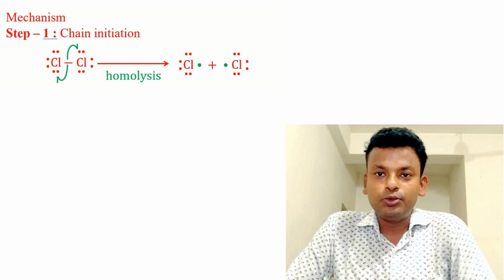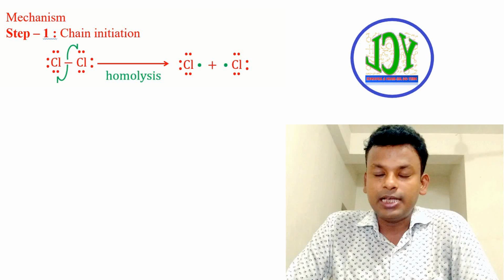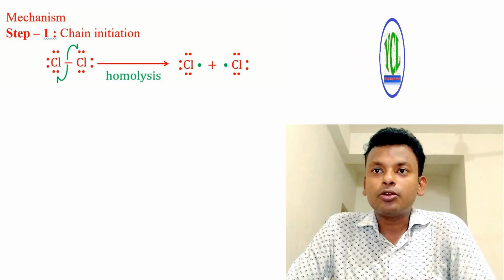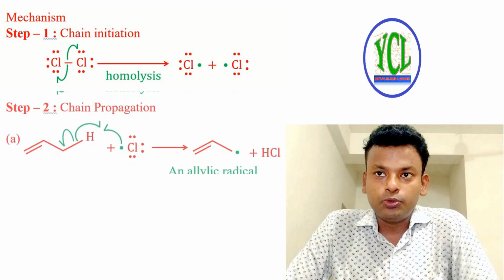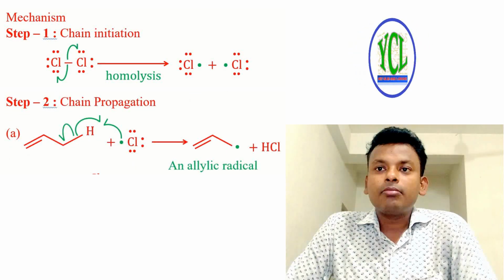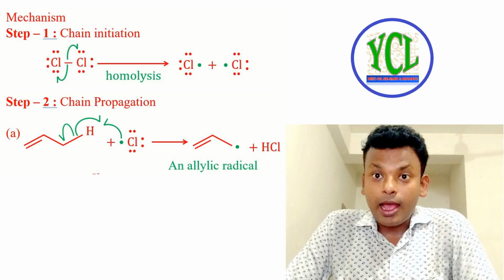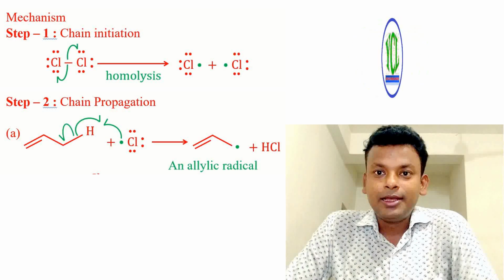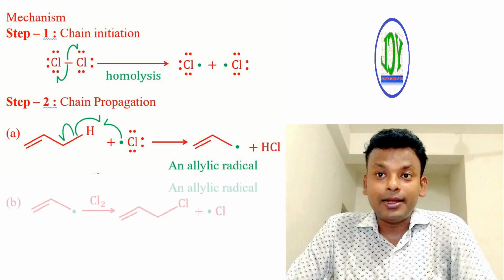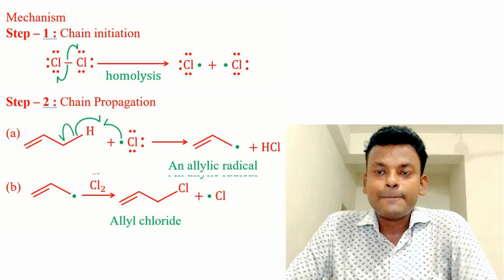Here Cl2 breaks the Cl-Cl bond and forms a chlorine radical, Cl dot. Step 2, chain propagation. Here the chlorine radical reacts with the allylic hydrogen to form an allyl radical, and the allyl radical reacts with Cl2 to form allyl chloride.